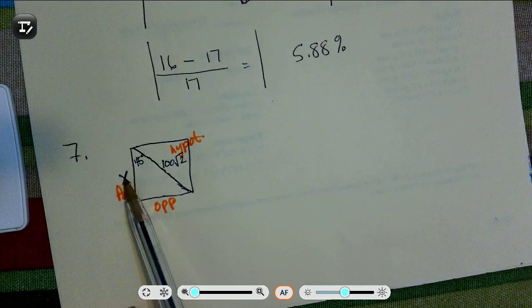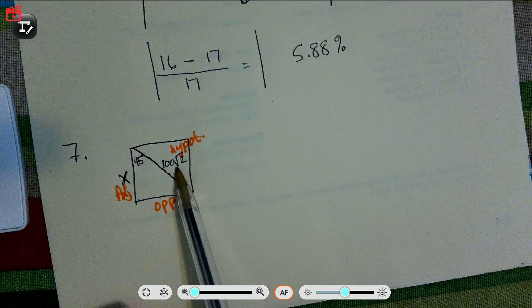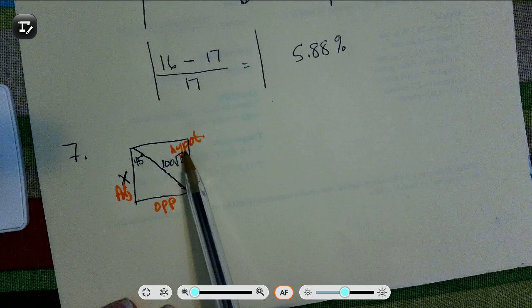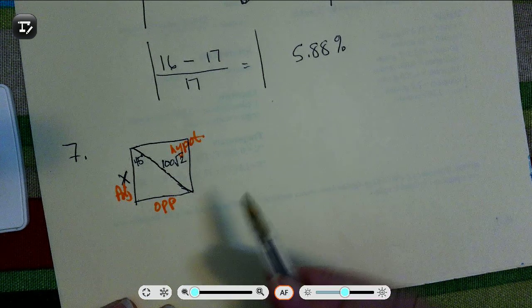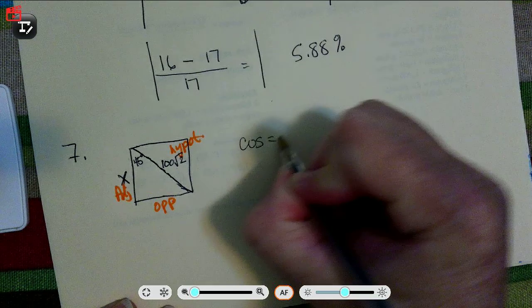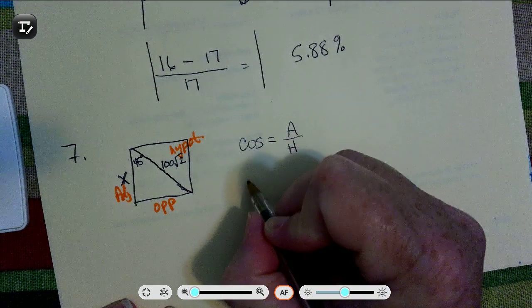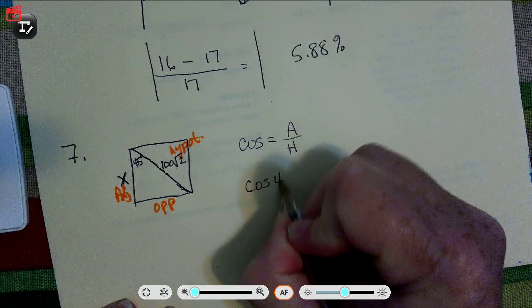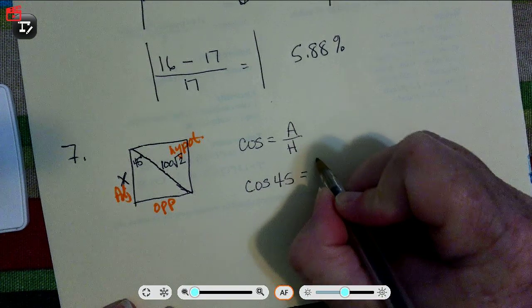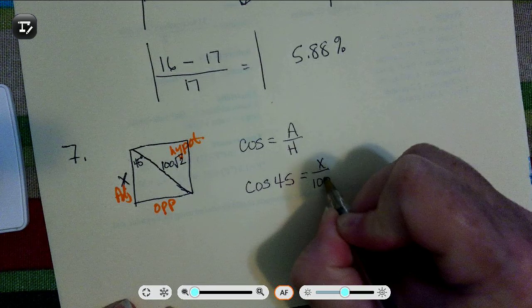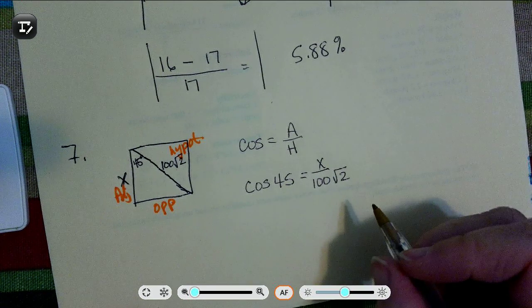I'm looking for the side and the hypotenuse. So the adjacent and hypotenuse, that's the cosine. Cosine is equal to the adjacent over the hypotenuse. So I'm going to substitute things in. Cosine of 45 degrees is equal to x over 100 times the square root of 2.